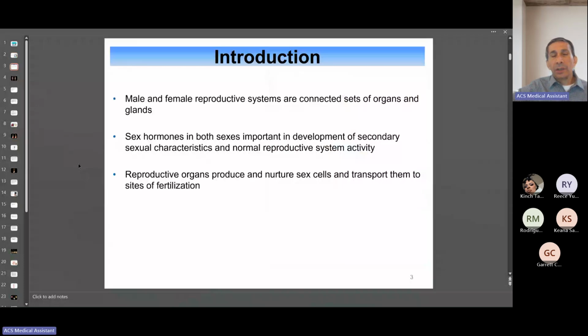Okay, so in the introduction, we're going to talk about this male and female reproductive system that is connected. Well, the reproductive system, just like any other system, is a set of organs or glands. See, most of the structures that we have within our body are considered organs, but not all of them are glands. Some of these organs will be considered glands.